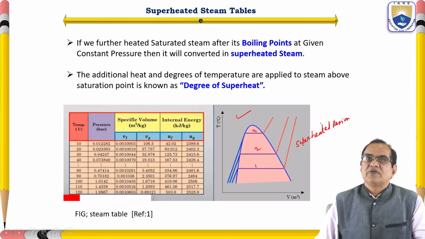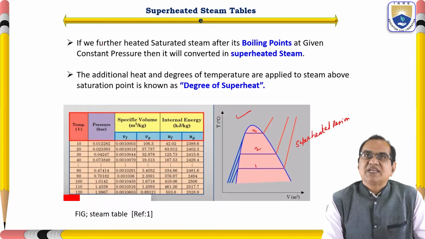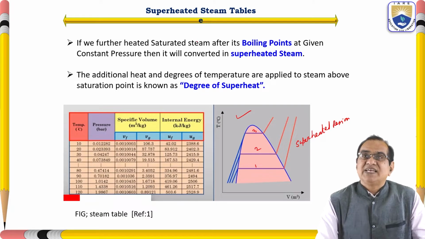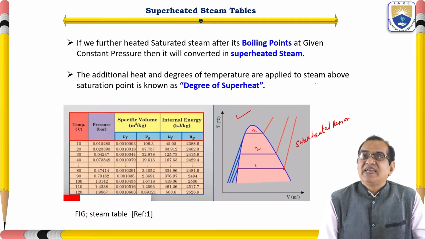Here we have to see that if we further heat the saturated steam after the boiling point, at a given constant pressure, it will convert to superheated steam.